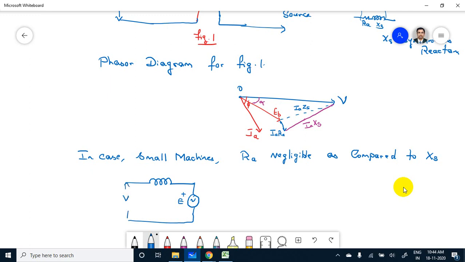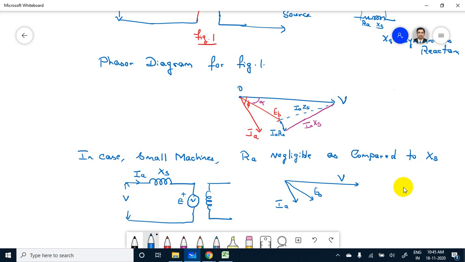This is V terminal, IA XS, and this is the field winding. The phasor diagram for this one: V, IA, this is EB, and this IA XS will be joined between EB and V, because this impedance drop, because we are neglecting RA.